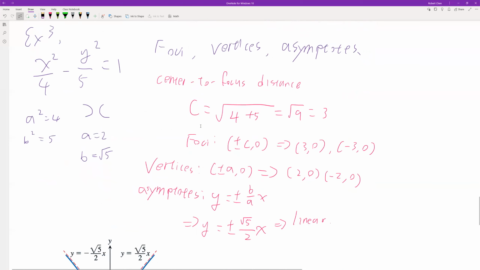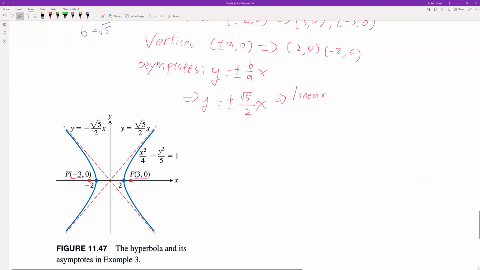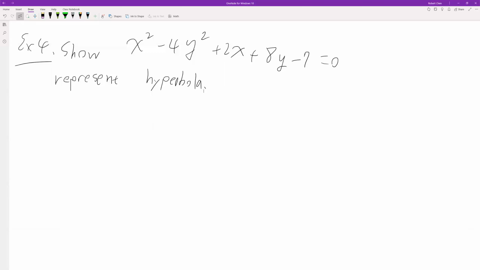But we're also going to try out some other fun examples. Lastly, let's look at example 4. Show that this equation, x squared minus 4y squared plus 2x plus 8y minus 7 equal to 0, represents a hyperbola. This is a common type of question from this section.